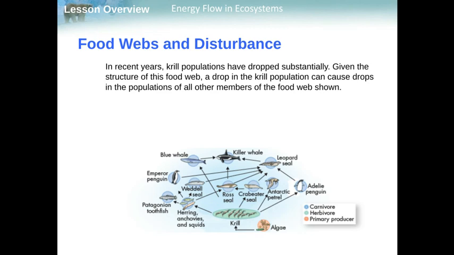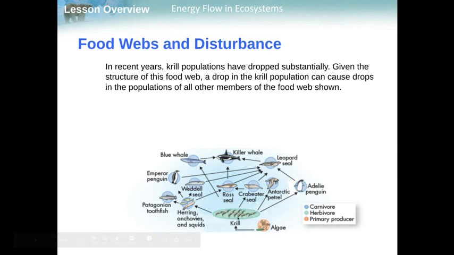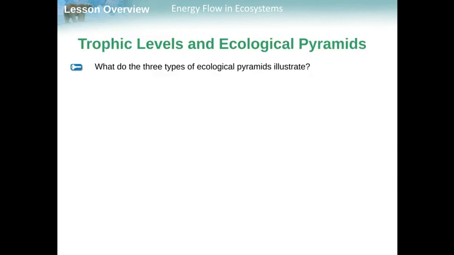Yes, we do. Okay, so we find similar situations where if you remove one species, it can create large problems. We call that a keystone species. Now, let's shift and talk about our different ecological pyramids. Okay, so we have three of them we're going to talk about.